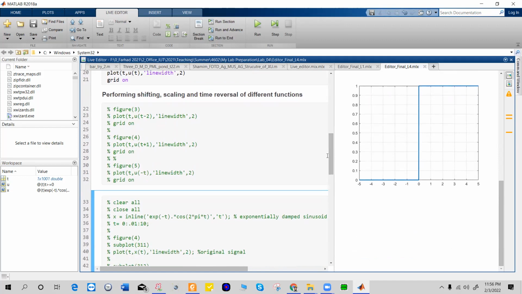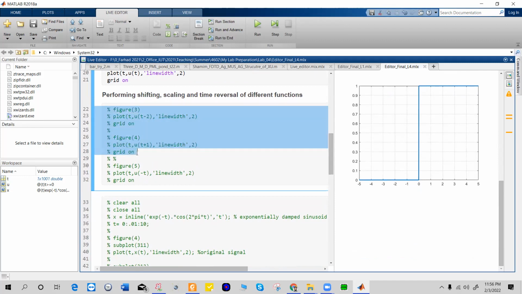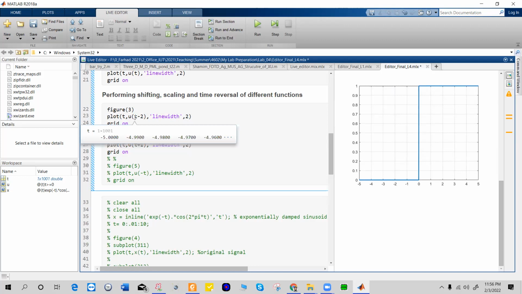So let's first verify shifting and time reversal. So we have u of t. Remember, this is our u of t. Now u of t minus 2. Let me first remove this comment. So u of t minus 2, that is t minus something, will ensure that the function u of t is shifted towards the right direction.